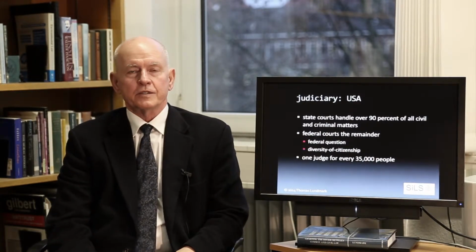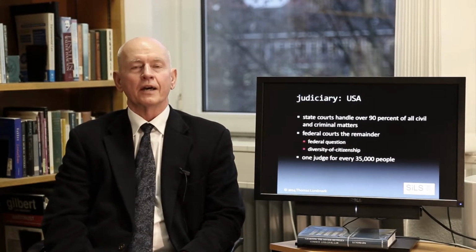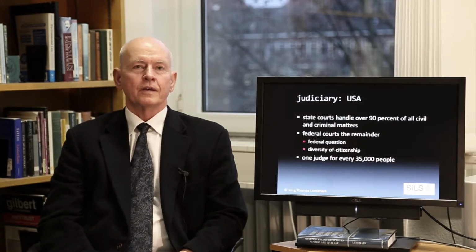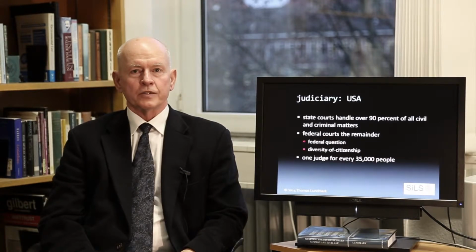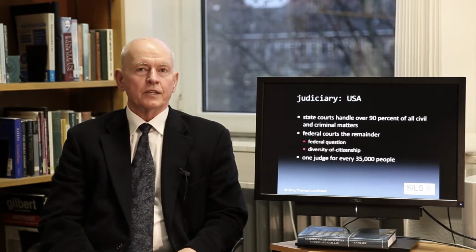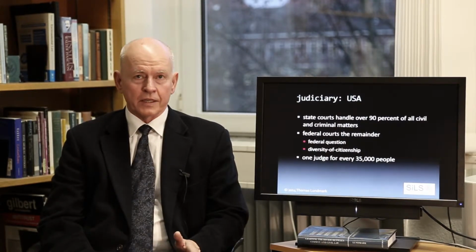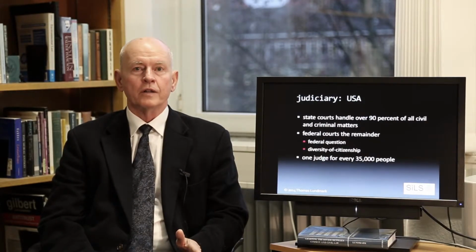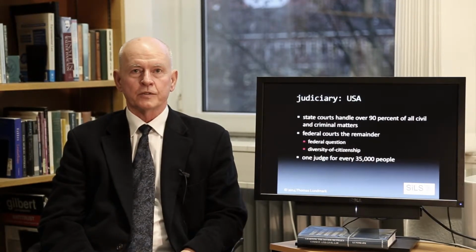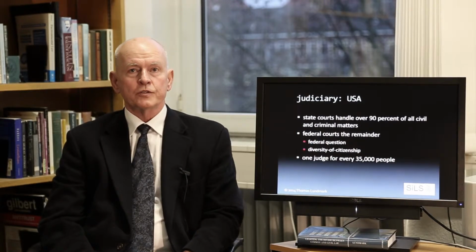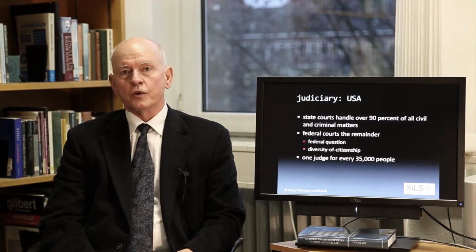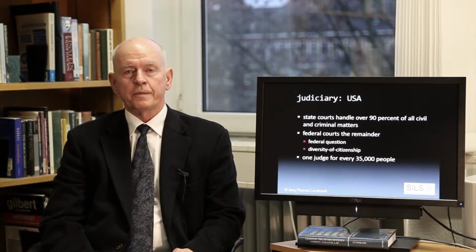The United States has state courts and federal courts. Each state has its own court system, and the state courts handle easily 90% of all civil and criminal matters. The federal courts have jurisdiction over 2 areas of law.